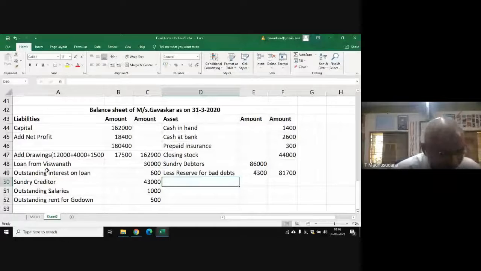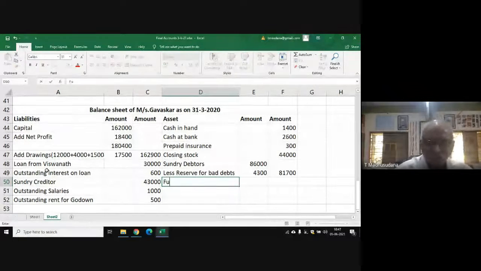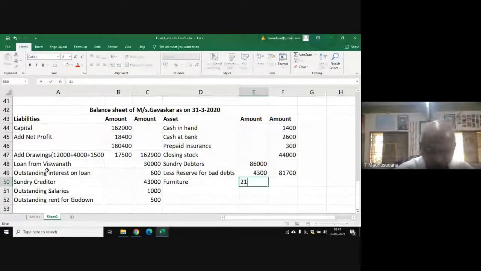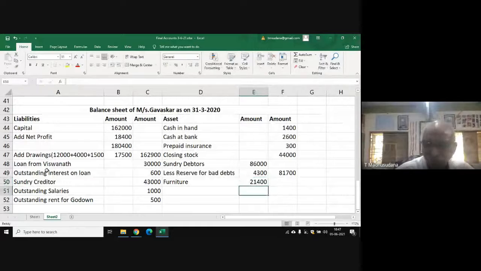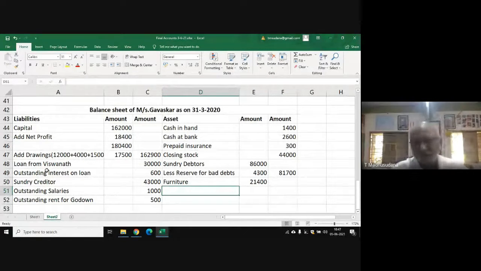Next, furniture. There is an adjustment for furniture. Therefore, inner column, 21,400. What is the adjustment? Out of these 21,400 of furniture, one furniture item was sold for 1,400.